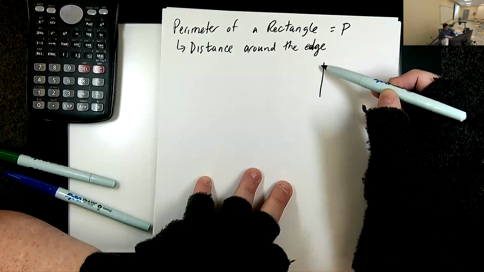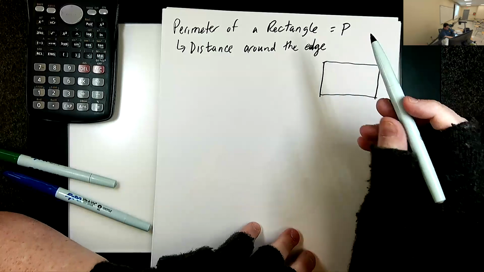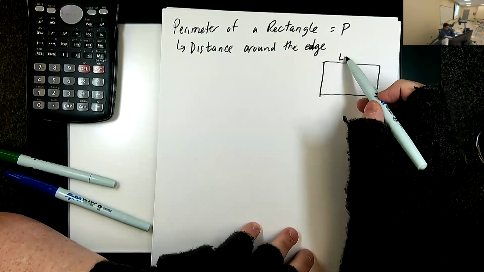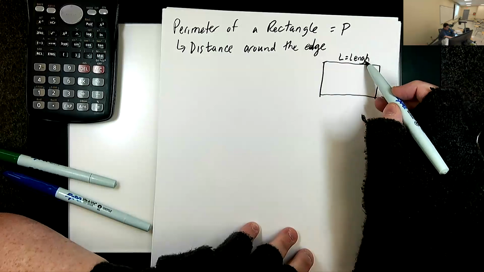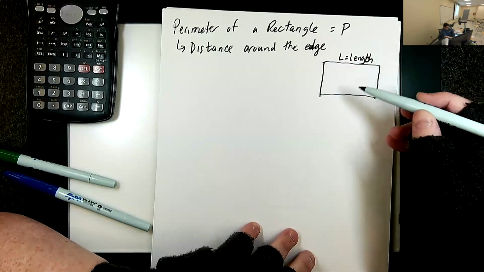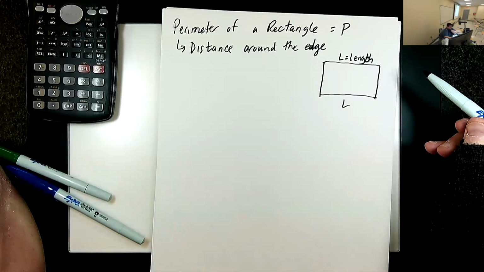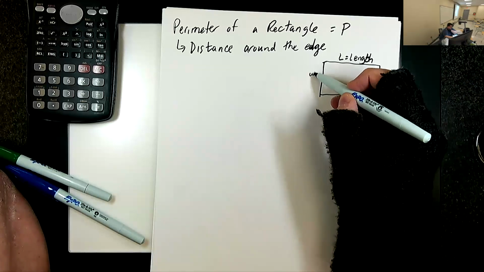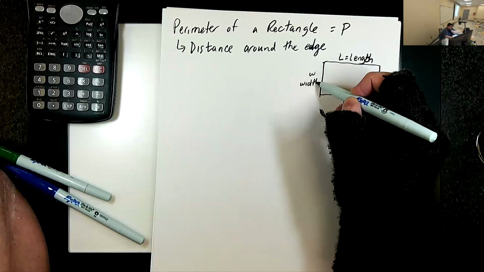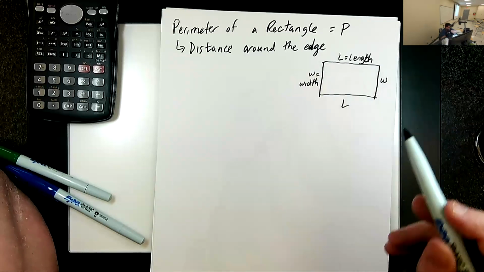Let's draw a rectangle. We often call the longest side L for length, and two sides of that rectangle have that same value. We often call the shorter side W for width, and there are two sides that have that.